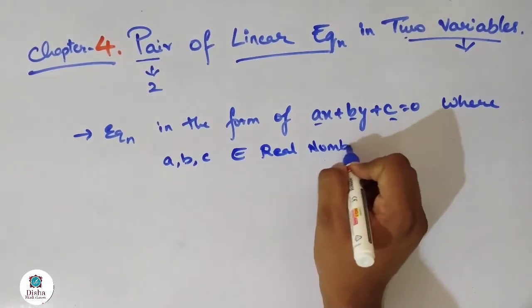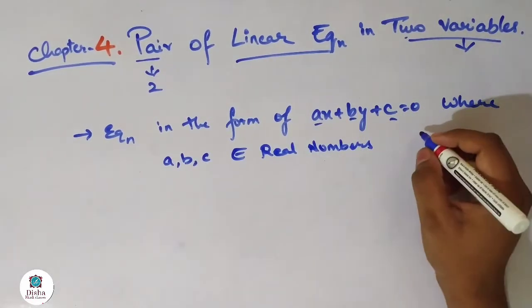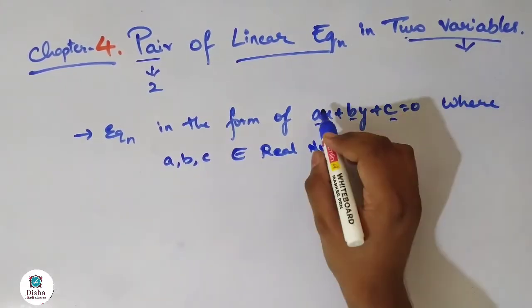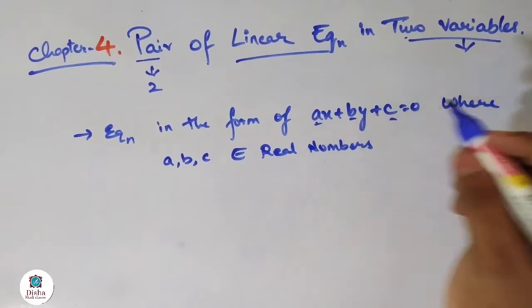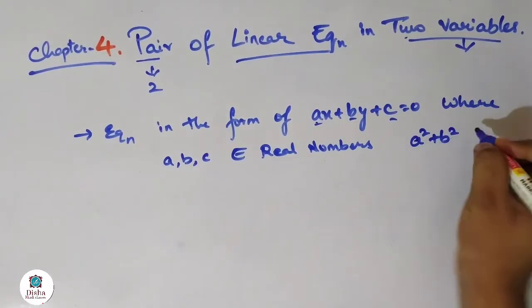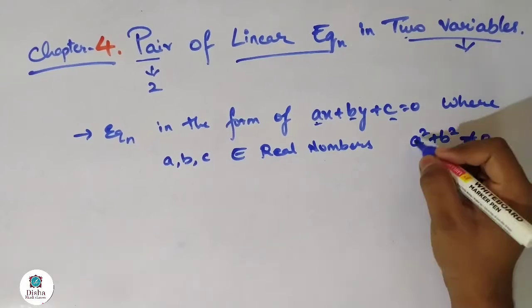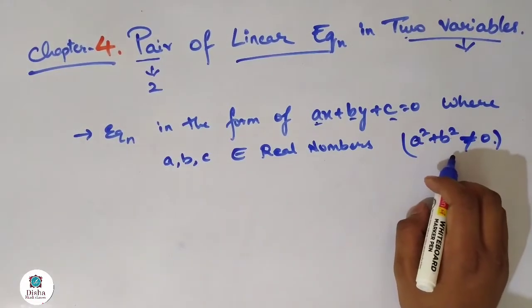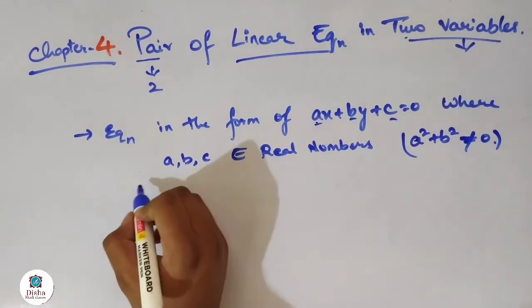So a, b, c are real numbers, and here we have a and b. So we should specify a and b. a square plus b square will not be equals to 0.